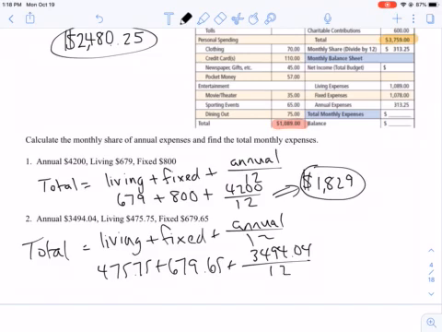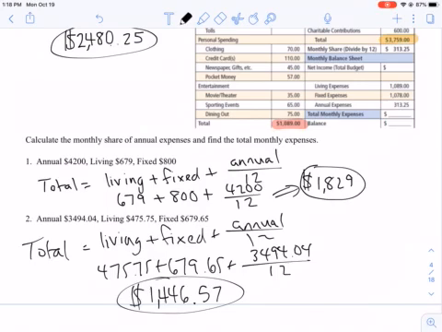So we type all of this into our calculator, exactly how it is. And we're going to get $1,446.57.